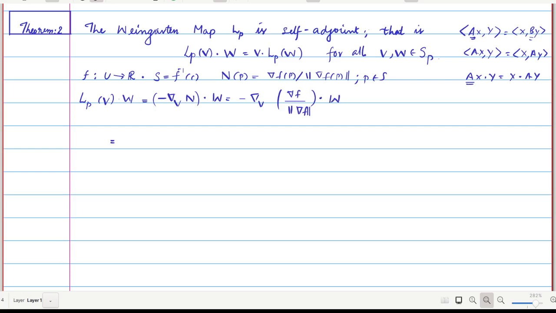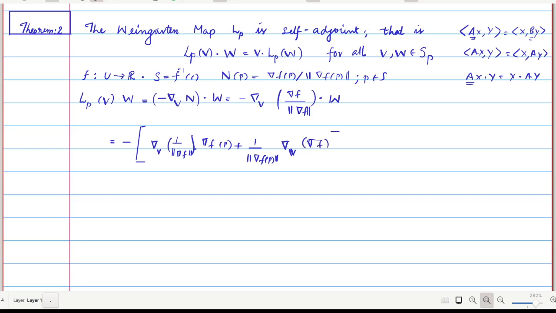Now you write this equal to minus of, using the product formula, del V of 1 by norm del f times del f of p, plus 1 by norm del f of p times del V of del f, dot W. The norm del f of p is considered as a scalar function.